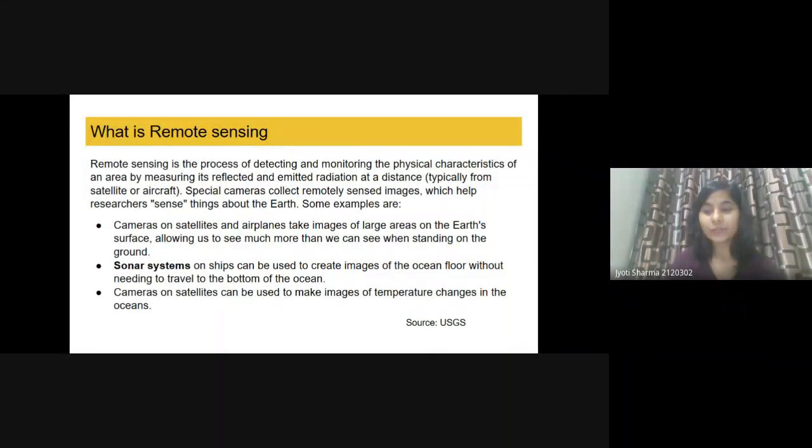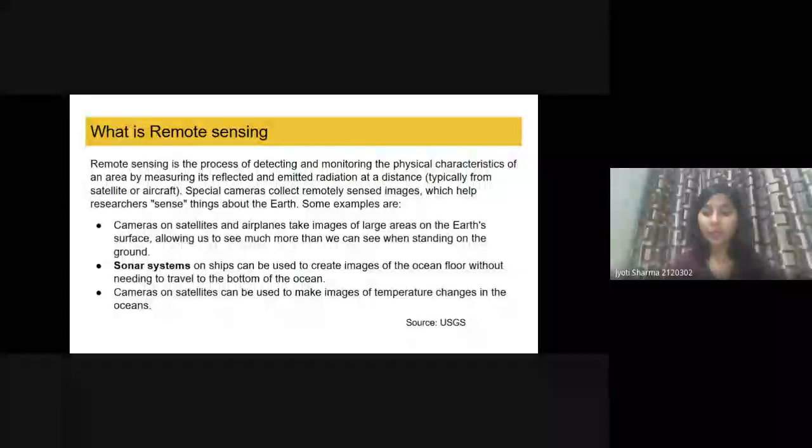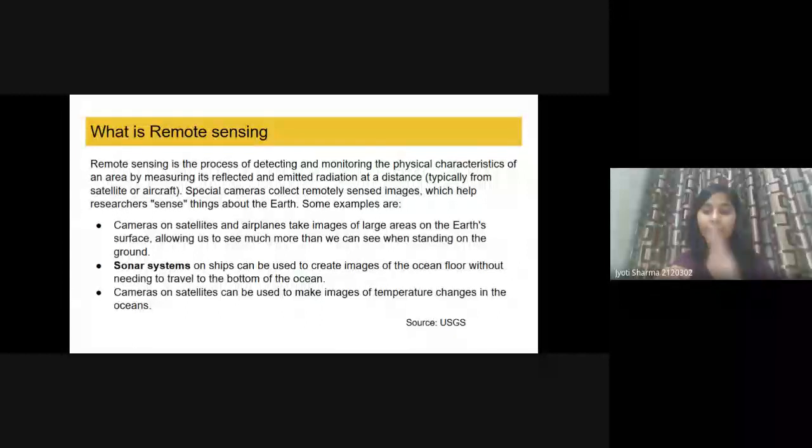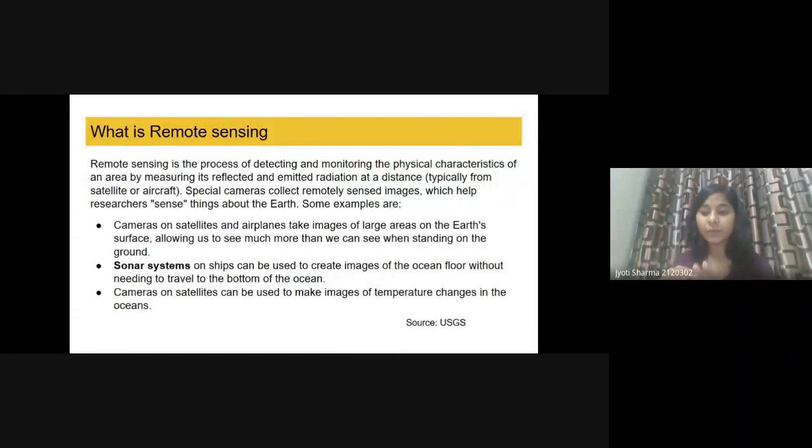So what happens when there is a ship on the ocean? There may be some kind of structure, hills or mountains, on the ocean floor. Whenever the ship is navigating, you must have information about whether there is some hill right before the ship or not.